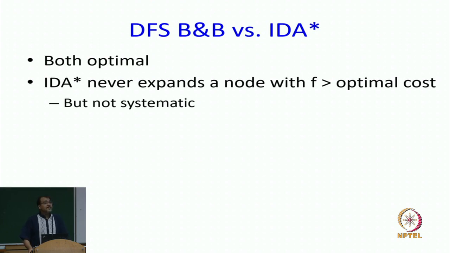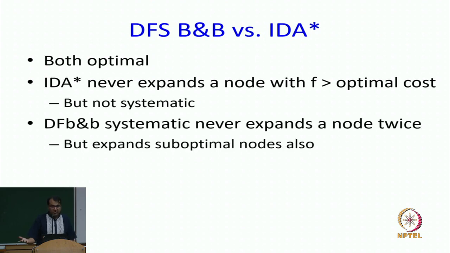Is the same property true for depth first search, branch and bound? No, no reason. It is systematic, but it may expand a lot of terrible nodes, because my initial upper bound can be infinite, can be terrible. So, initially it may expand a lot of just random nodes before it hits the solution.